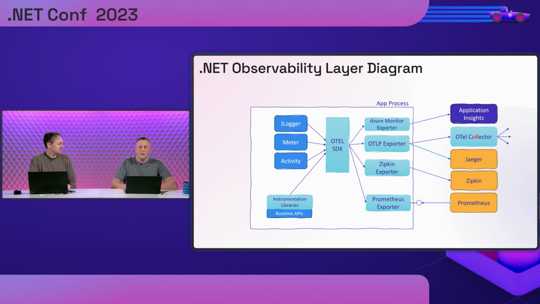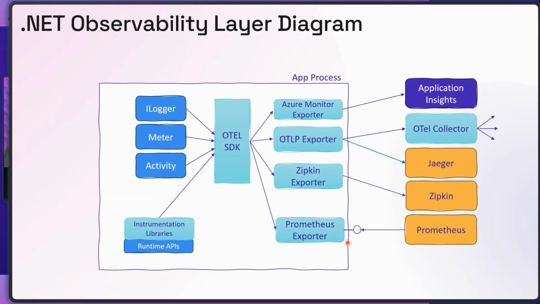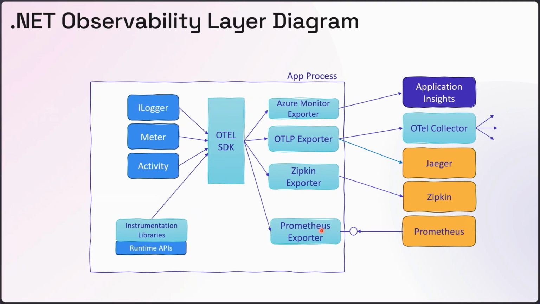OTel has a router for OTLP called the OTel Collector. Jaeger now supports OTLP. Other tools like Zipkin have their own exporter. Prometheus has its own exporter. A thing that's a little interesting with Prometheus is most of these are push models. Prometheus is a pull model, so you actually have to define an API endpoint as part of your app for Prometheus to scrape from.